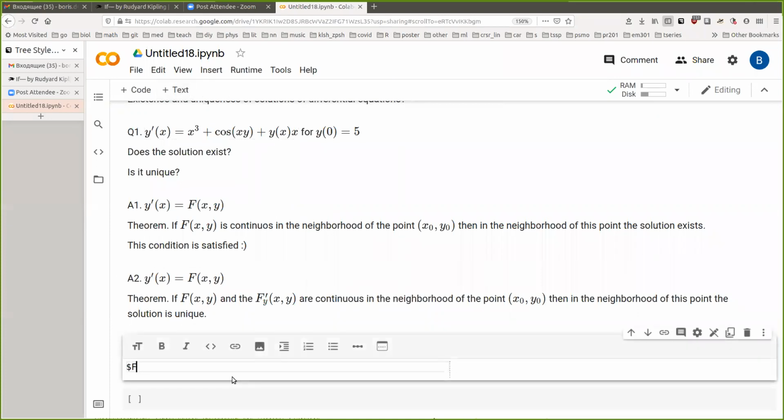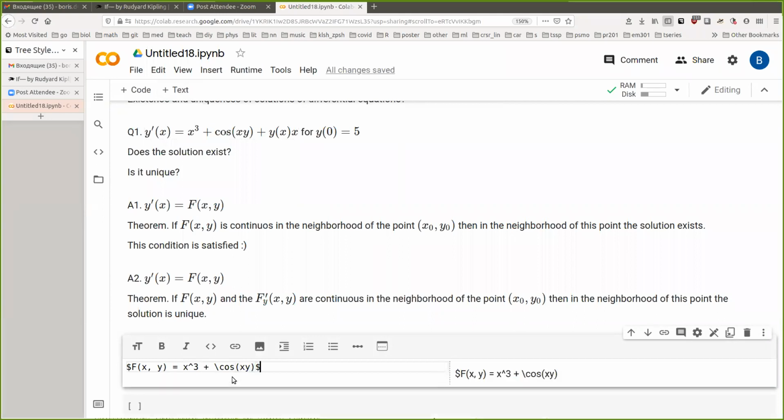In our case, f of x and y is just x cubed plus cosine of xy plus yx.